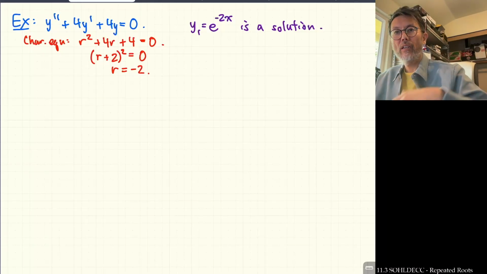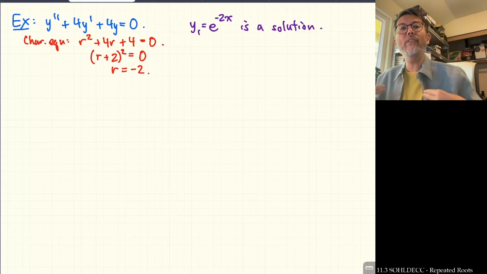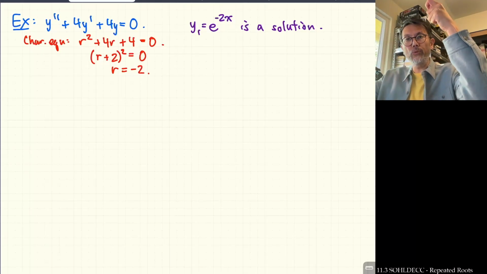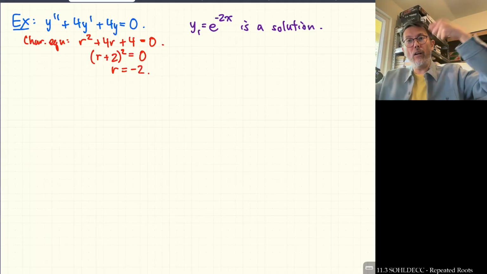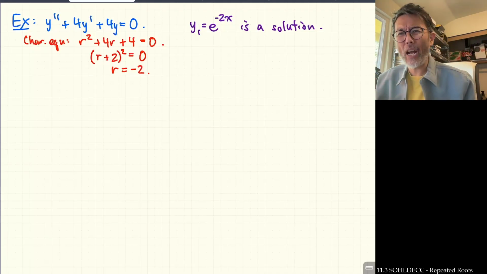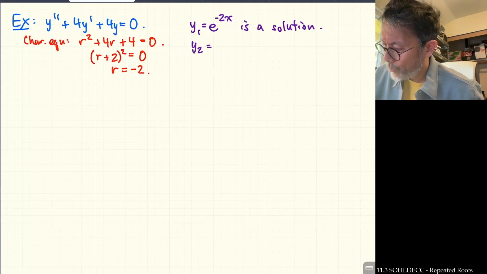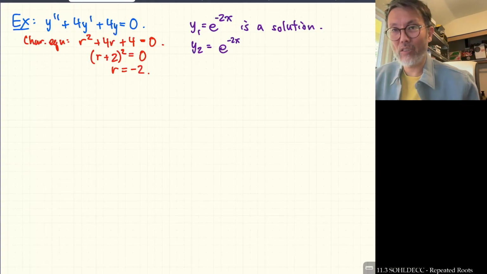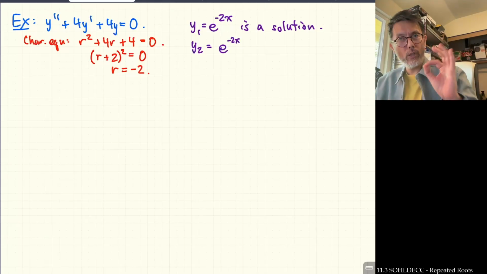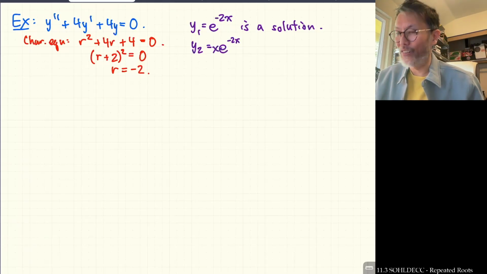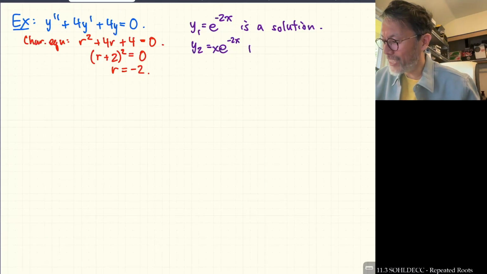But because negative 2 is a repeated root, and before we were using the two distinct real roots, like in the previous video, to construct a pair of linearly independent solutions, we can't write that y2 is e to the negative 2x, because that's not interesting. y2 is already y1, as written at least. So what do we do? We put an x in front. And it turns out that in this special case, this is a solution also.